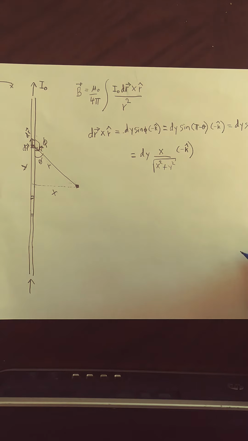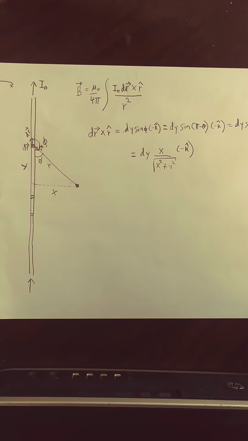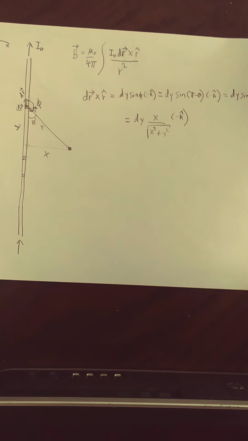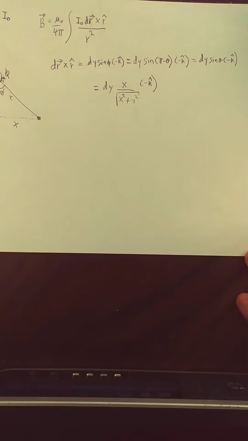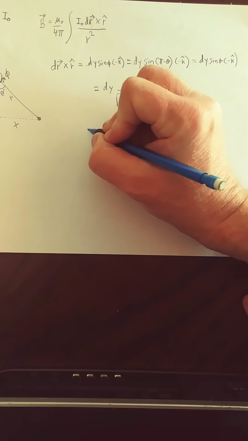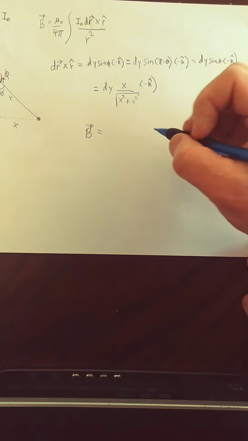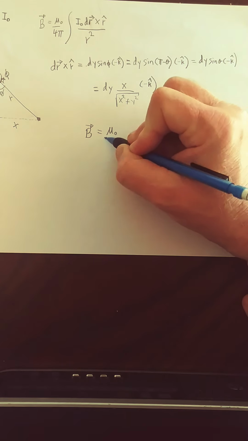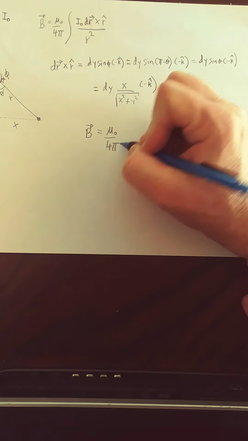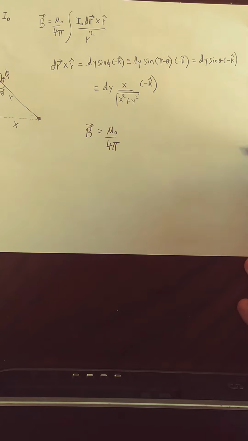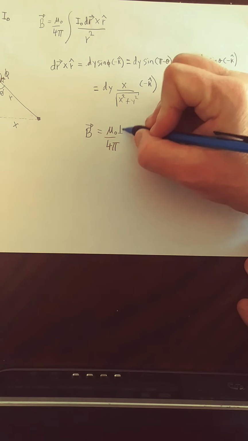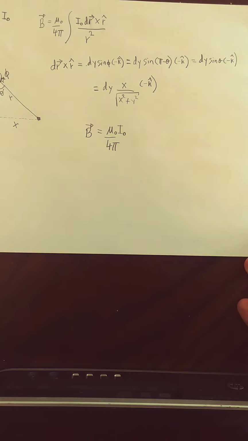We can now write the entire expression out as B equals mu naught over 4 pi times the integral. I naught is just a constant, uniform everywhere, so we can pull that out.